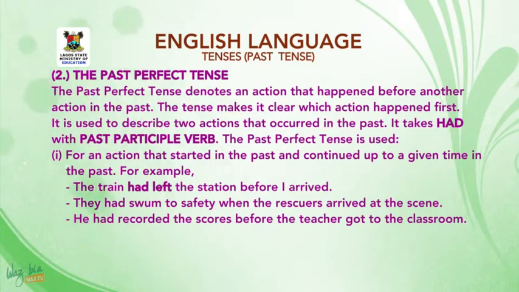The two actions never have any relation with the present situation. The actions started in the past and were concluded in the past. And the past perfect tense will always take had with past participle verb.